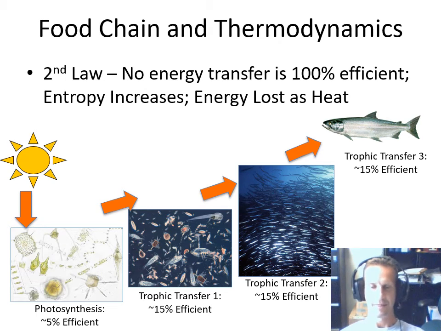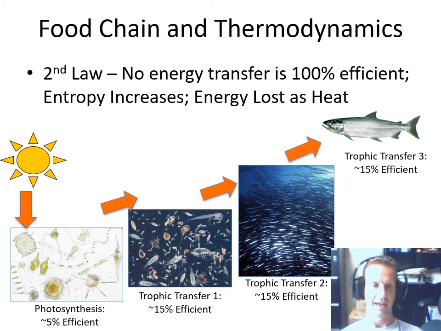The basic underlying reason that trophic transfer is not 100% efficient is due to one of the laws of thermodynamics, the idea that in every transformation of energy, entropy increases. Entropy is the disorder of the universe, and that generally means that energy is lost as heat.